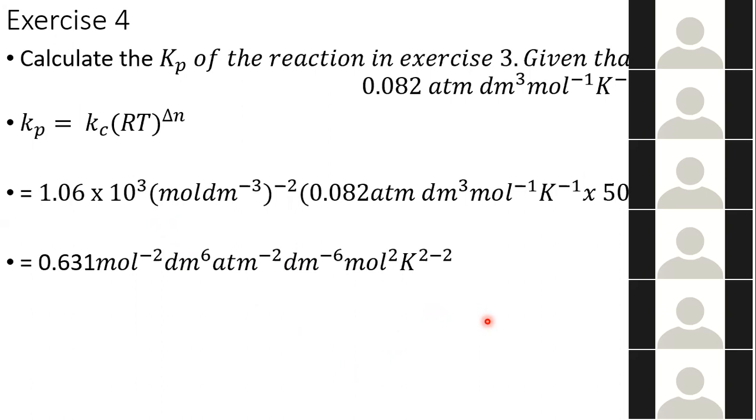Then you raise your answer to the power negative 2. You get 5.9 something times 10 to the minus 4. Then you multiply that by 1.06 times 10 to the power 3. So that gives us 0.30577. You round it to 3 decimal places, you get 0.631.